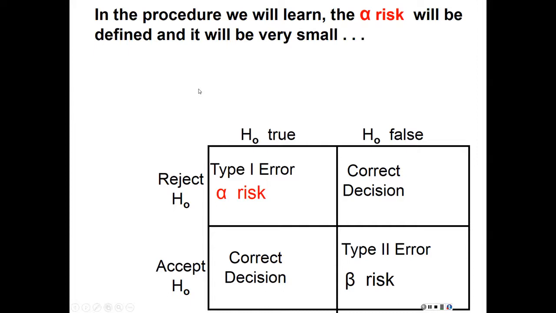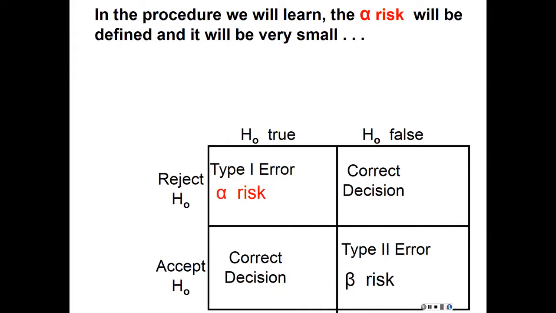In the procedure we're going to learn, the alpha risk is defined because we're going to know what alpha is. It's going to be given in the problem, and it's going to be very small: 0.05, 0.04, 0.025, 0.01. If it's something with a life or death consequence, if you make that mistake, it would probably be 0.001, 1/10 of 1%.